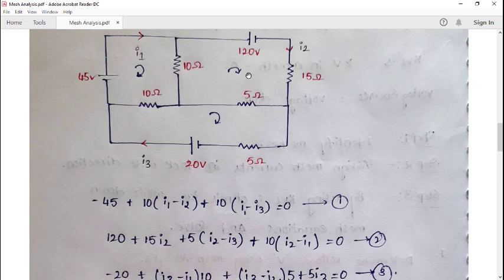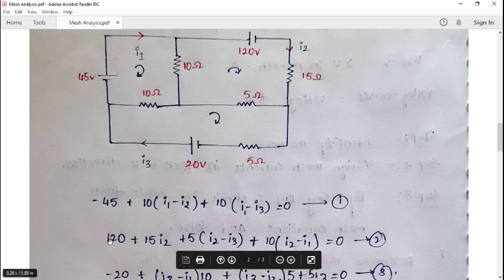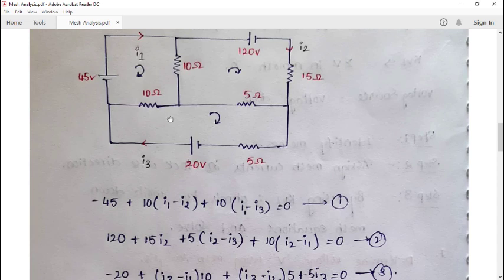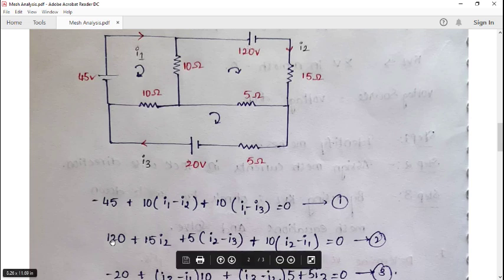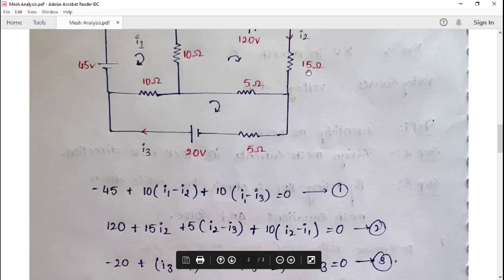And let us write equation for loop 2. We are moving in clockwise direction. While we are moving, here we started with negative terminal, so we wrote minus 45, and here we started from positive terminal, so we wrote plus 120, and voltage drop across 15 ohm resistor is 15 into current through this, I2.